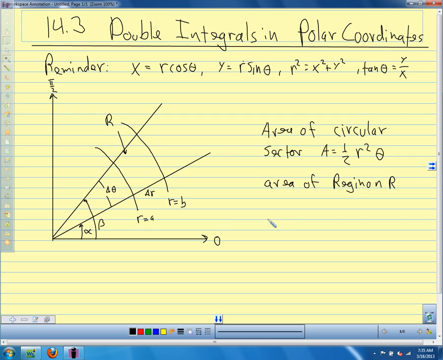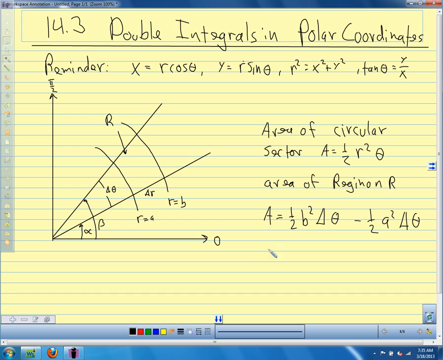So our area is going to be 1/2 b squared delta theta minus 1/2 a squared delta theta. So we're just finding the area of the one circular sector minus the other circular sector to get this one.